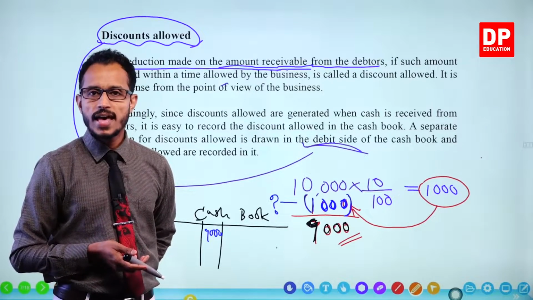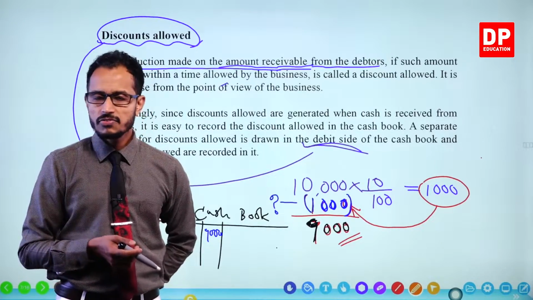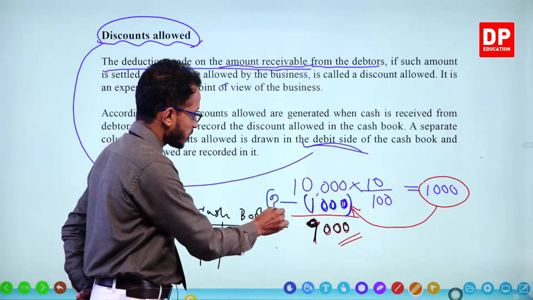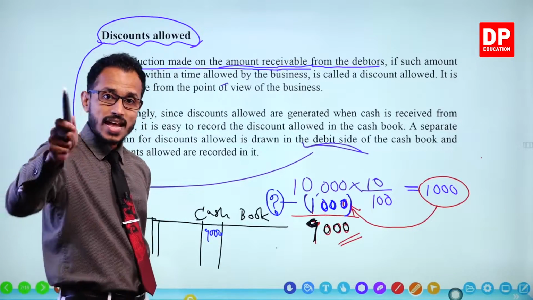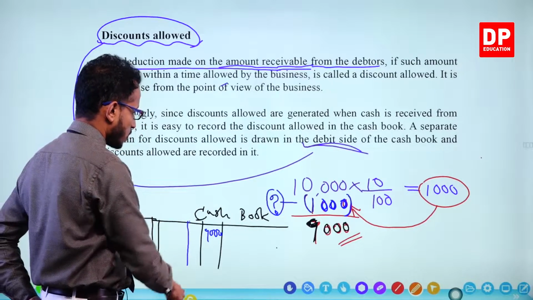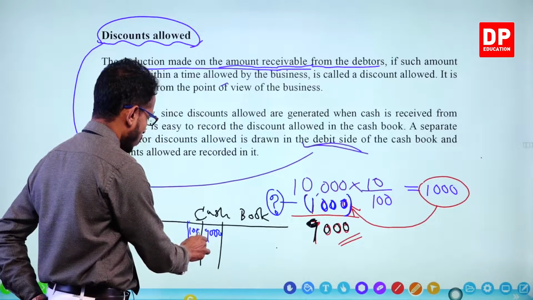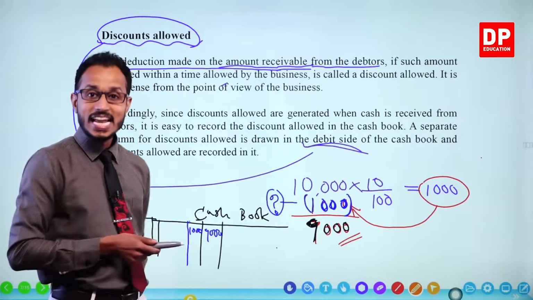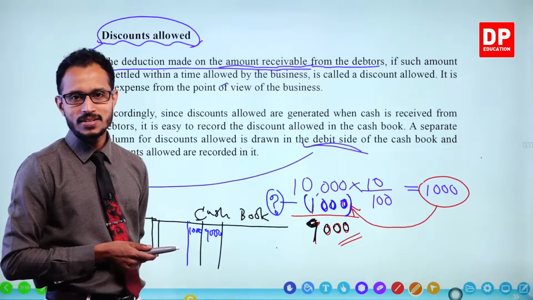You have to record that because you were supposed to receive 10,000. You yourself willingly gave him this 1,000 deduction, and that has to be recorded. That discount should be recorded in a new column in the debit side of the cash book. That new column is the discount allowed column, right?